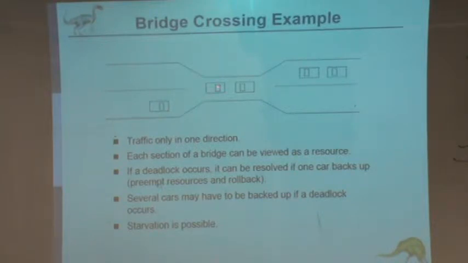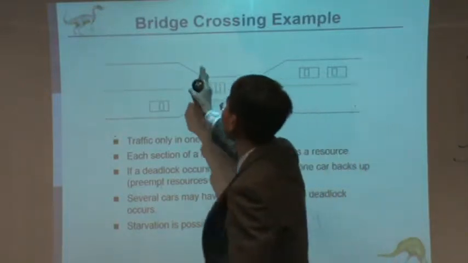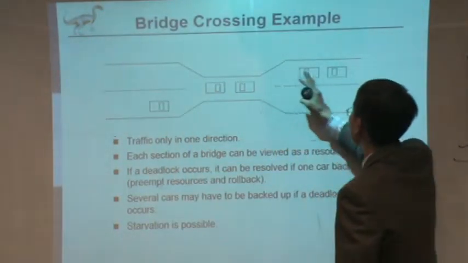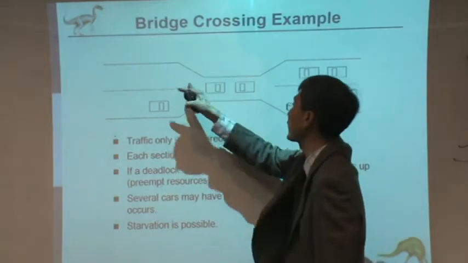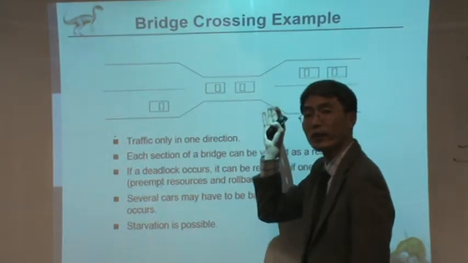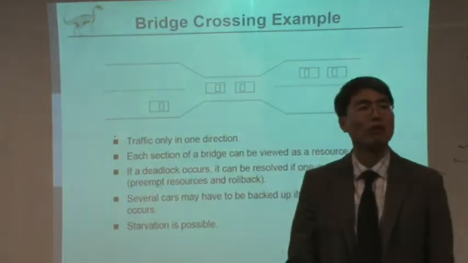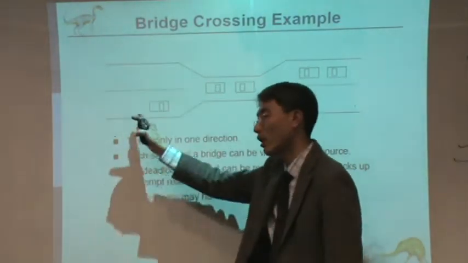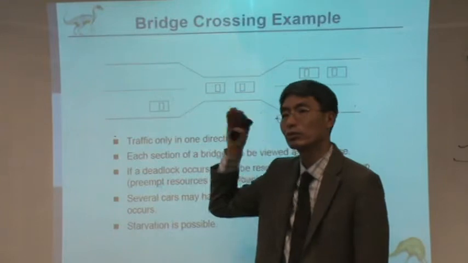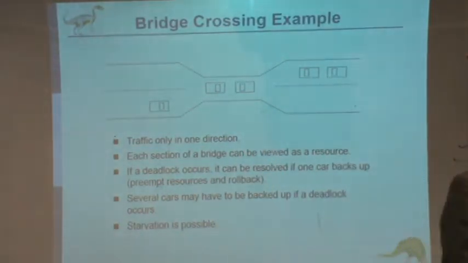So this car is holding this resource, and this car is holding this resource. They are requesting the other side. Unless one of the cars backs up, there's no way to proceed. This is the two-process case.